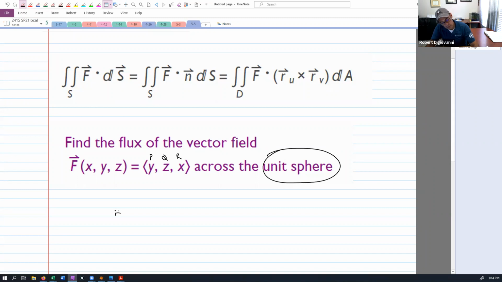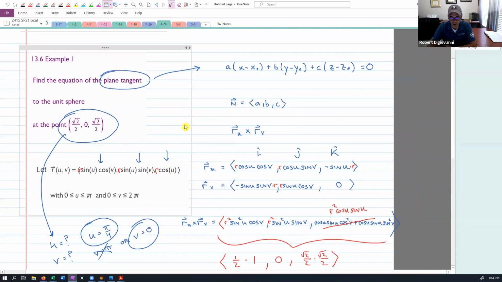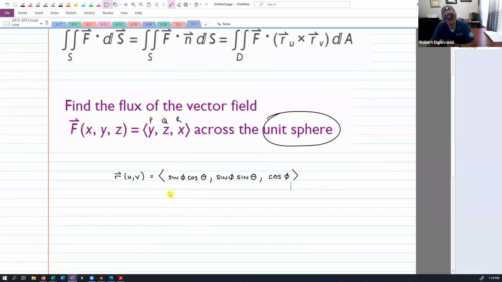So I'll remind you that to draw the unit sphere with a vector function, it's r of u,v equals, normally it's rho, but it's the unit sphere, so the radius is 1. So this should be sine phi cosine theta, sine phi sine theta, cosine phi. Oh, sorry, I'm using theta and phi.